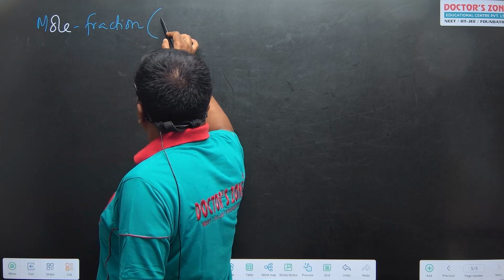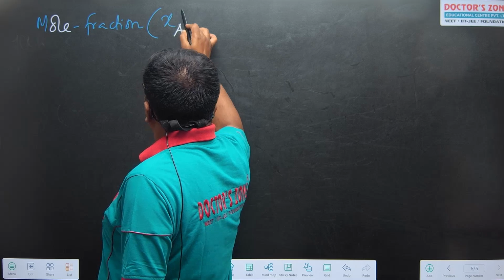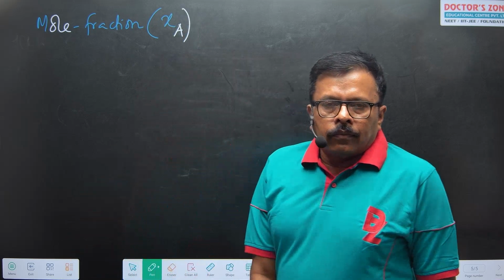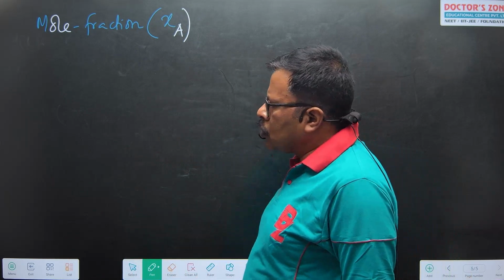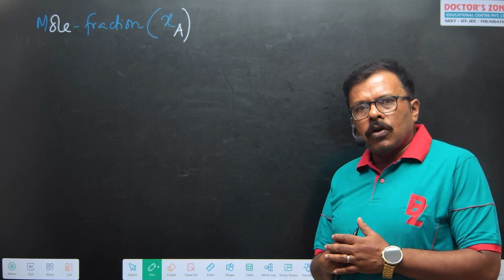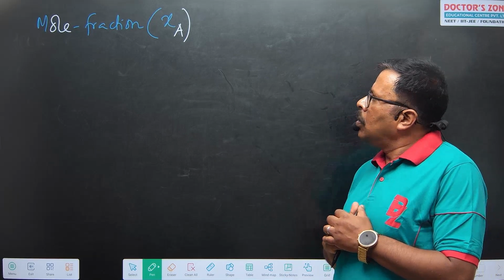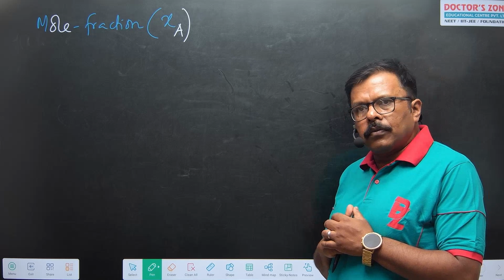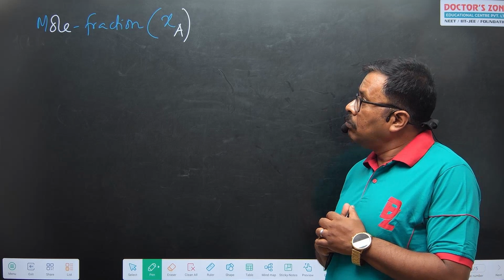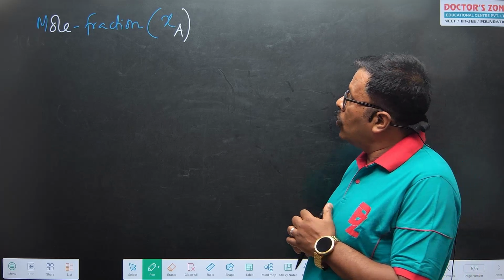Mole fraction is denoted by chi A. Mole fraction is a way to express the concentration of a solution. And what is the definition of mole fraction?